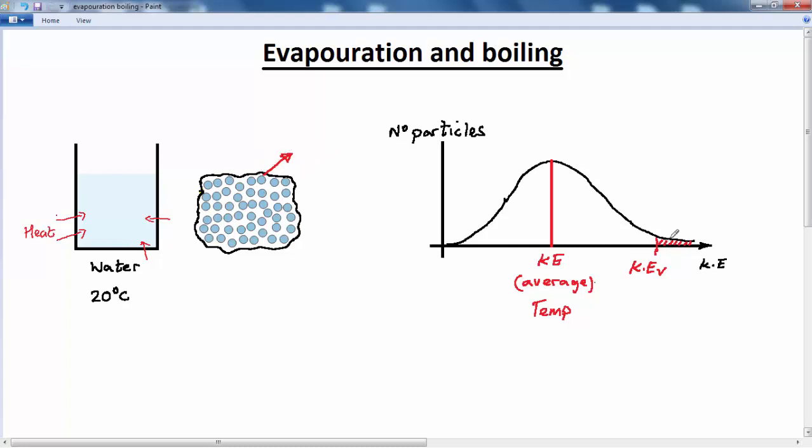And so these will escape again, causing the average temperature of the liquid to drop. More heat will go into the water to reach thermal equilibrium, and so on, and the process will continue until eventually all of the water has evaporated. So this water will eventually evaporate, even though it takes 2 or 3 weeks to do so.